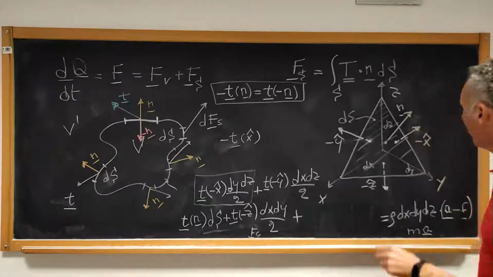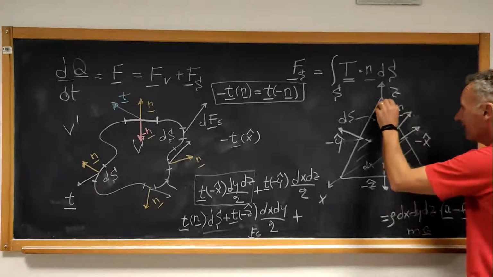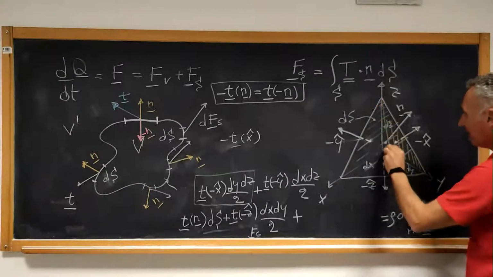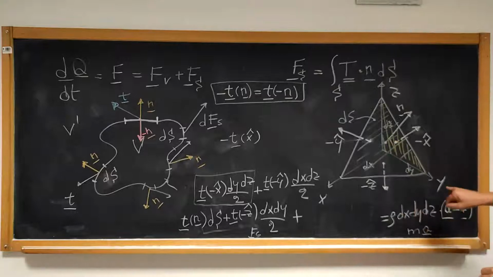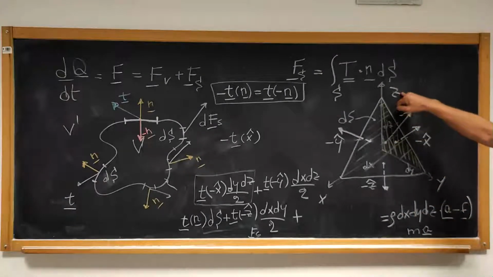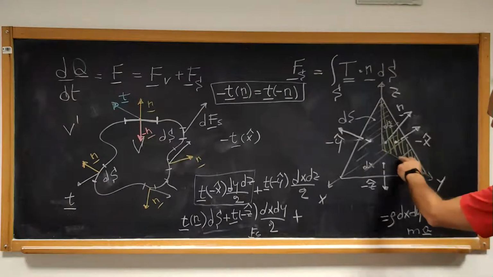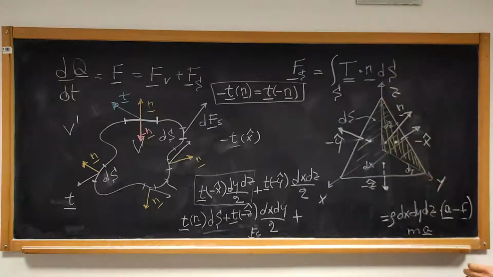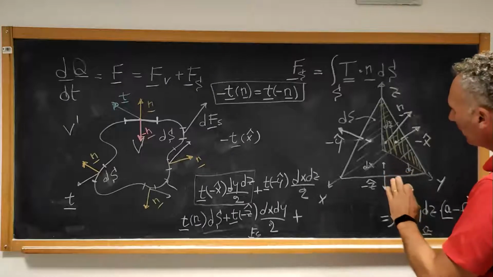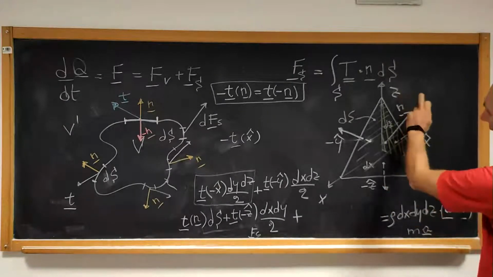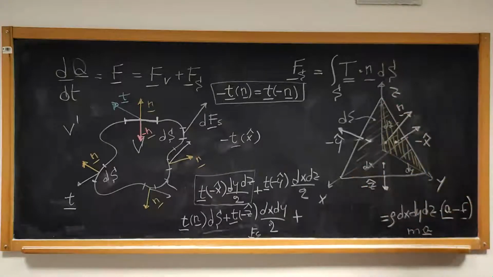Let's see if I can make it evident. So it is the area of this triangular element in the y-z direction. Now, if we think of a tetrahedron, this orange shaded area can be thought of as the projection on the y-z plane of the inclined surface.